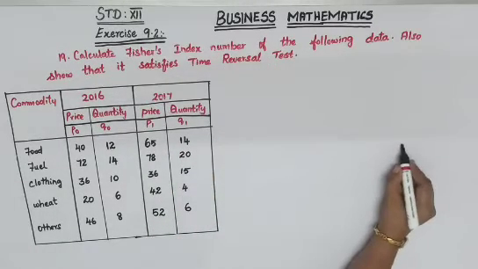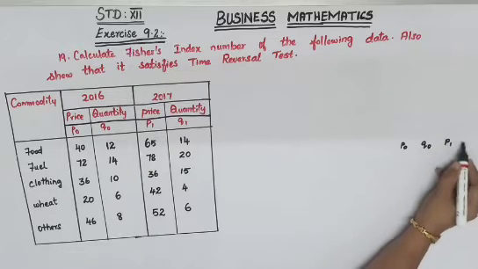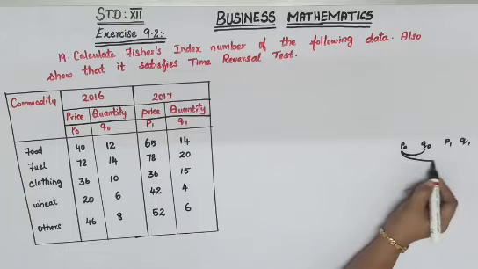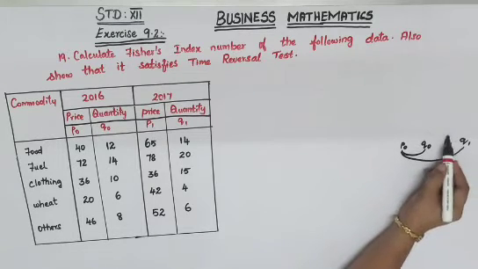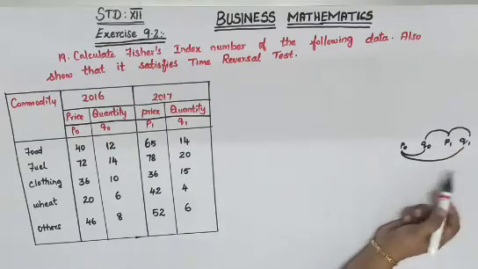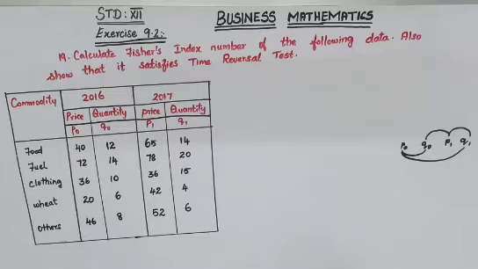Okay, so for the multiplying, just take this order, P0 Q0 P1 Q1. So that is first and second, first and fourth you will have to multiply. Then third and second, third and fourth you will have to multiply. So always take this order, whichever formula comes. Okay, whether it is Fisher's or Paasche or Laspeyres. Okay, whichever it is there, you will have to take this format.